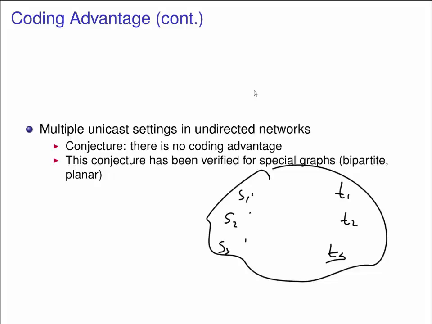The conjecture is that in undirected networks there is no advantage for network coding. However, this conjecture was verified for special networks such as bipartite planar graphs, but in general it's open and not much is known about this, right? So it's believed that network coding will not give an advantage, but it's still an open research problem.